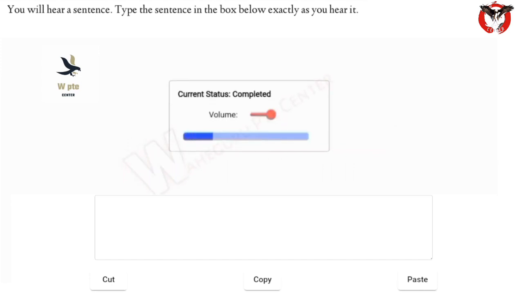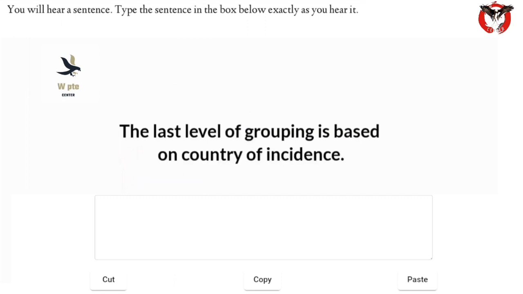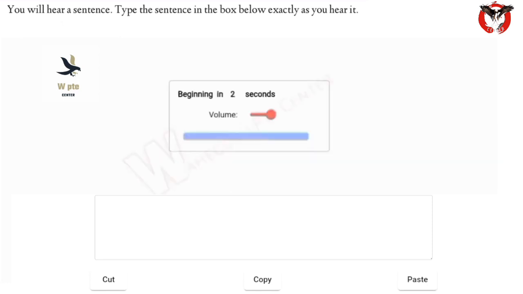The last level of grouping is based on country of incidence. After Project Drug, line listing cases are grouped based on the study ID.